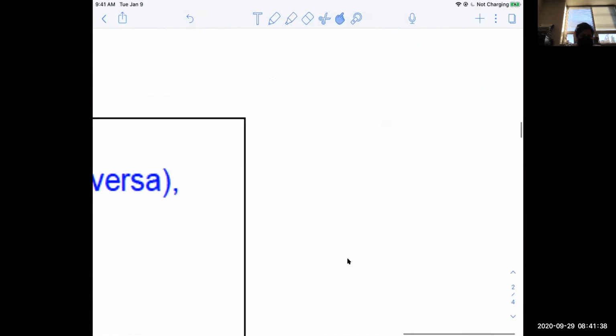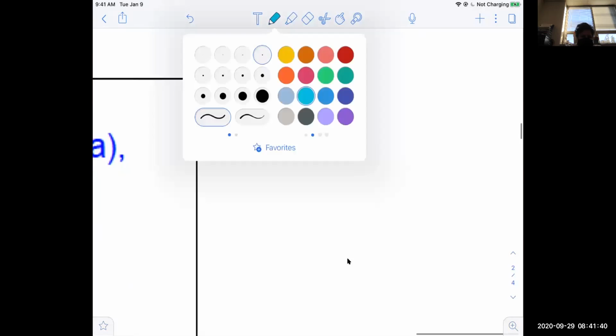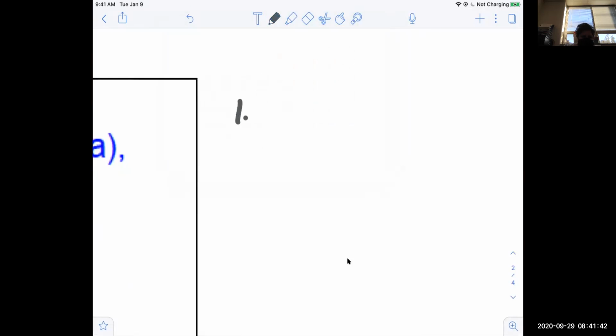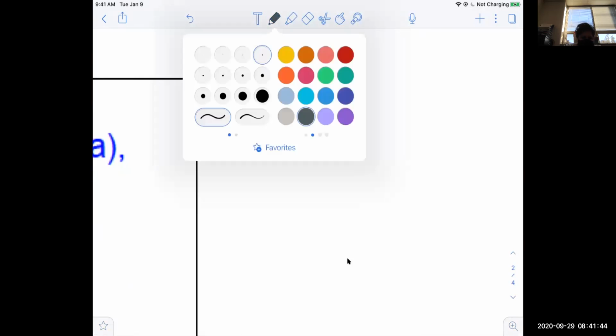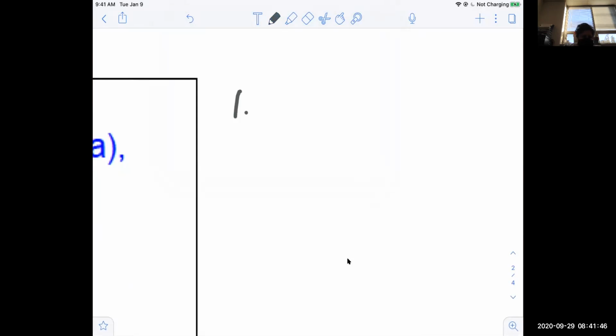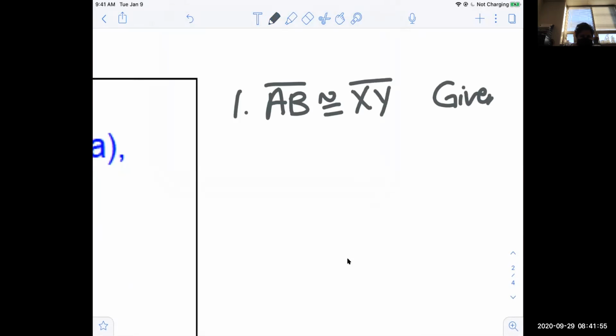So the way you would see this in a proof is it might say like step one, segment AB is congruent to segment XY. Maybe that's given. And then step two says AB equals XY. They look almost the same.